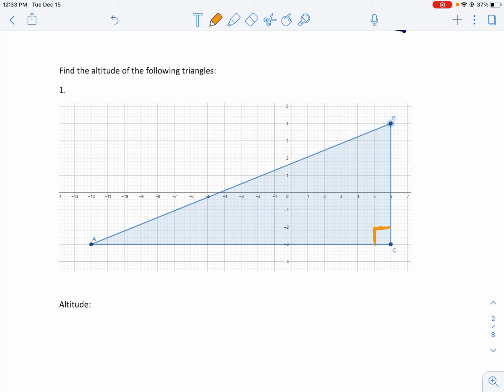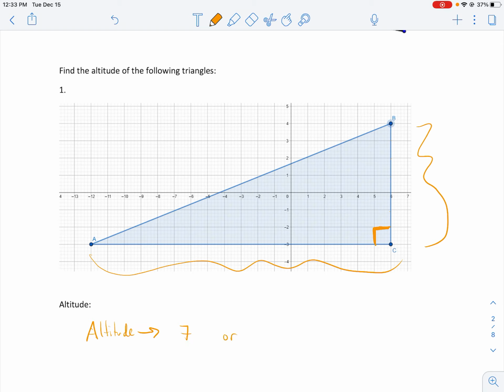I'm going to use this one over here, but we could use this one down here as well, because this line is definitely perpendicular to BC. So our heights, or our altitudes, can be, well in this case, let's see, 1, 2, 3, 4, 5, 6, 7.